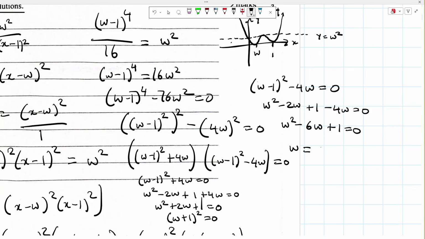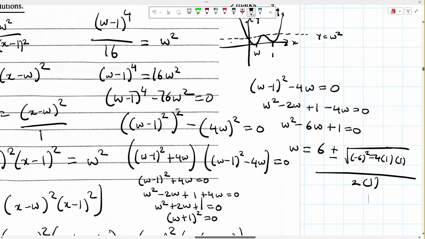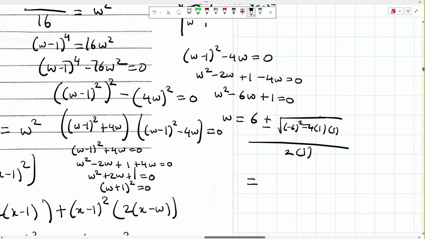So negative b, that's just going to be 6, plus or minus the square root of b squared, minus 4 times a, which is 1, times c, which is 1, all divided by 2 times a, which is 2 times 1. Now, what's negative 6 squared? That's 36. And then 36 minus 4 is actually 32.